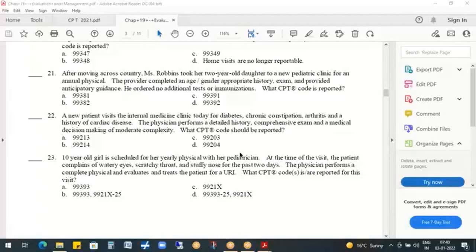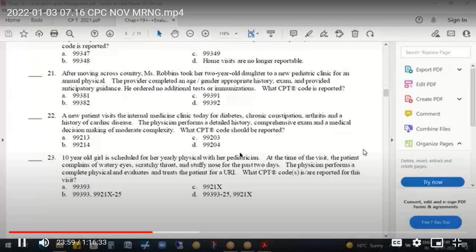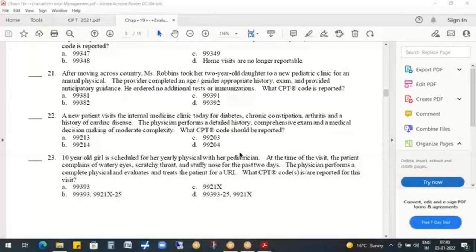99234 to 99236. Okay. Now make the heading, everyone: Common rules for E&M services. First write down the rules; I will explain. First rule: identify the location of the patient.